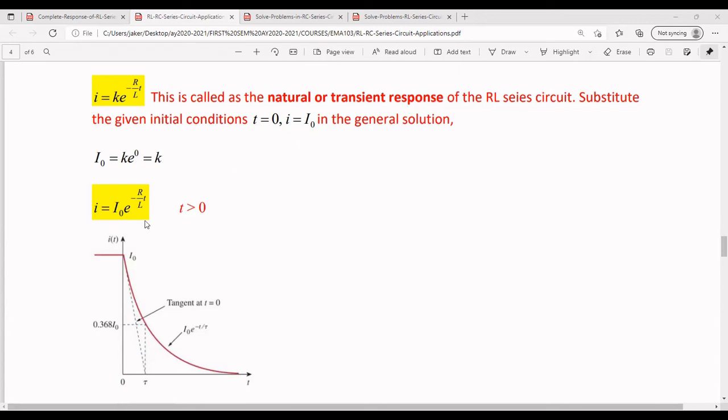So this is your ready-made current, and this is the current in your circuit at any time greater than 0. That is when the circuit is already a closed circuit, when there's a current already passing through all your circuit elements. Any question here?